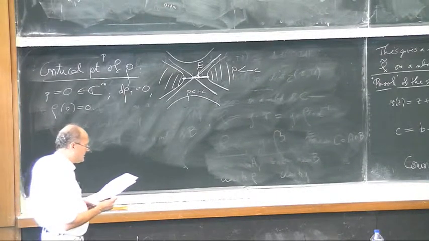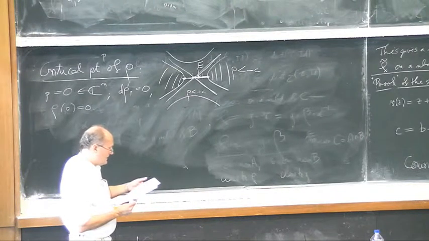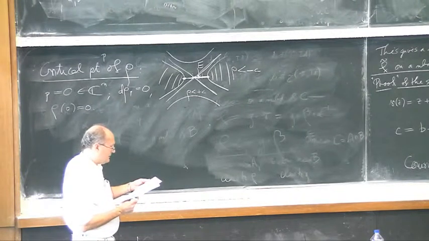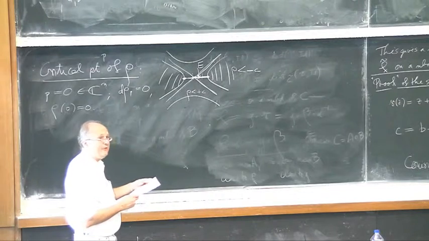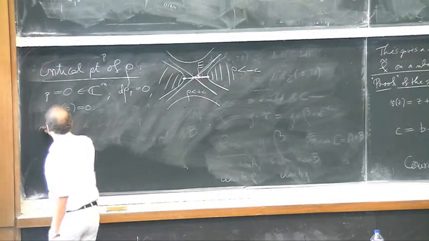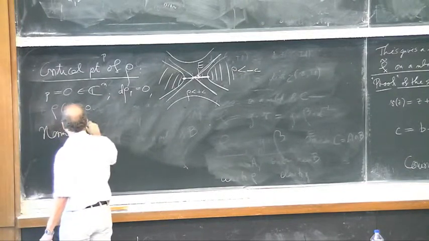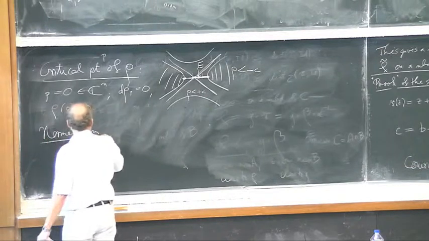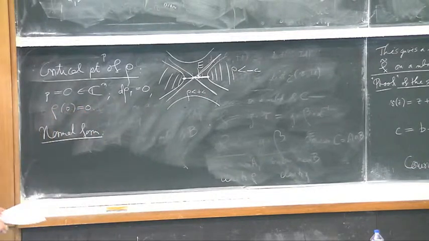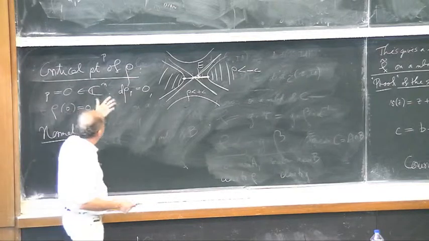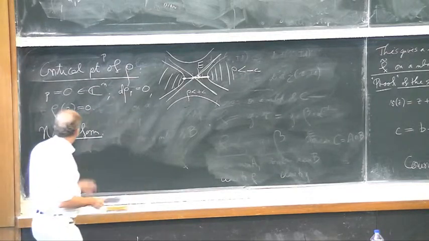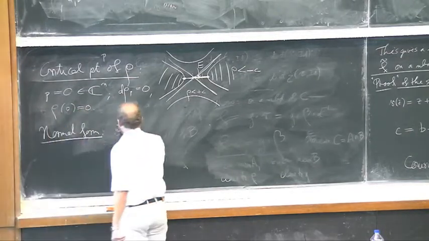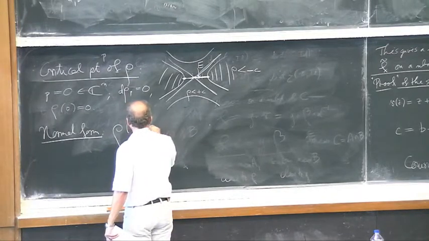So a certain Japanese mathematician called Takagi in 1924 proved the following normal form. So what does normal form mean? I just mean that you choose coordinates correctly. So you take biholomorphic changes of coordinates at 0, in which rho at the critical point will look like this.